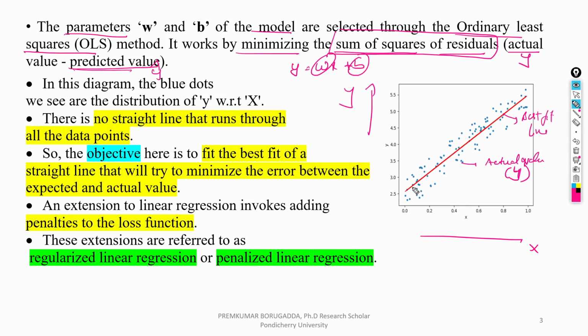The best fit line passes through some of the data points, but not all of them.